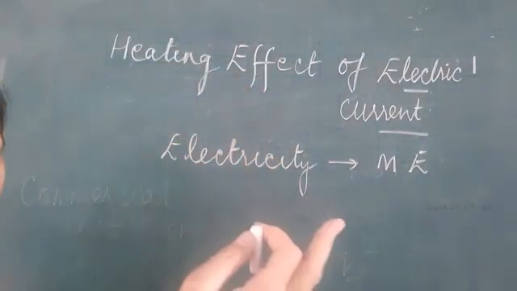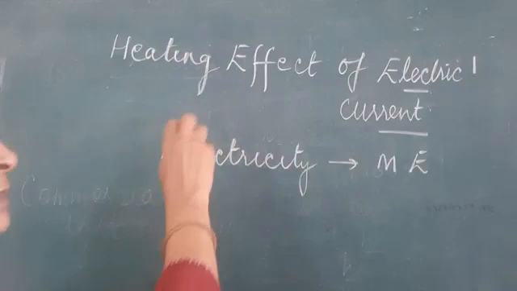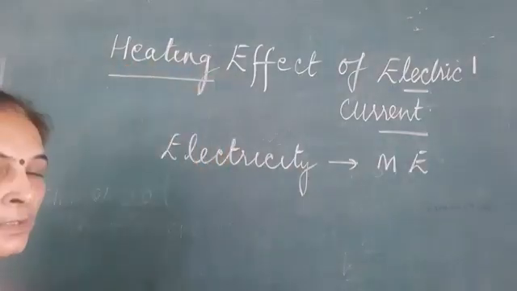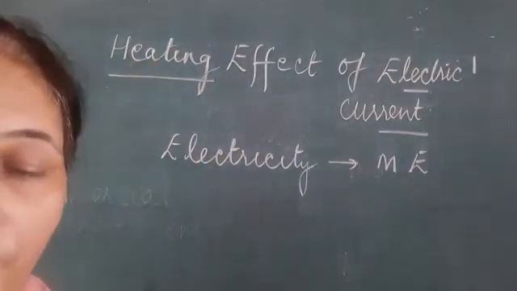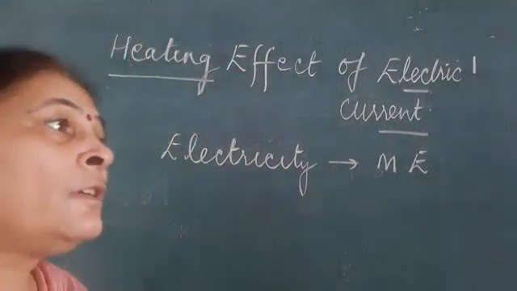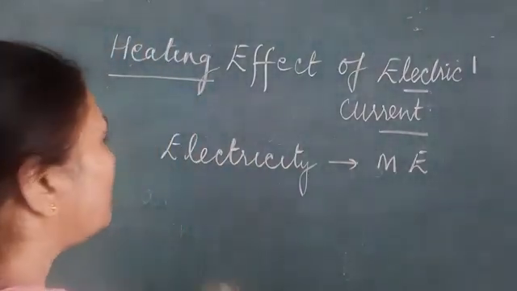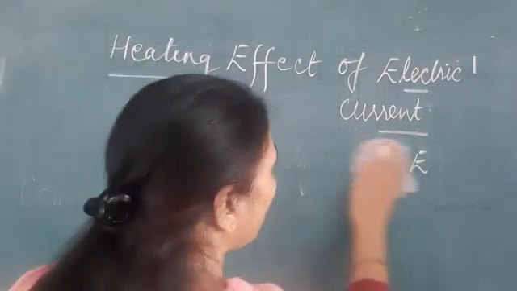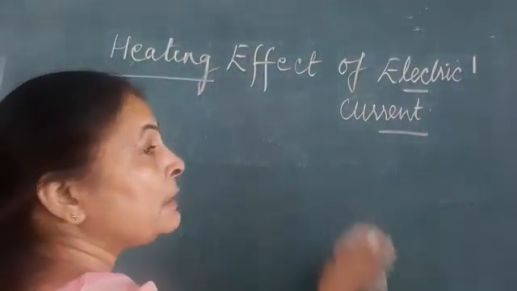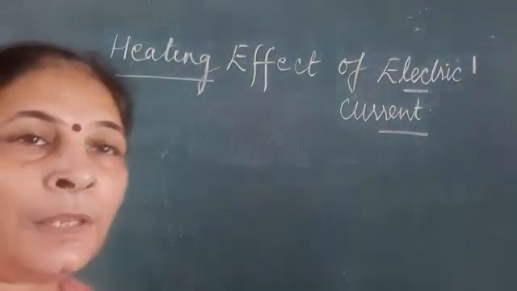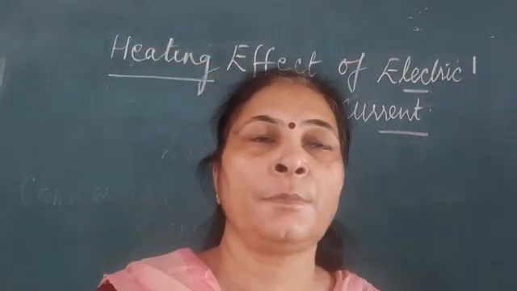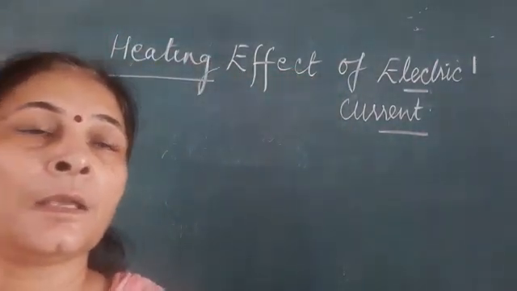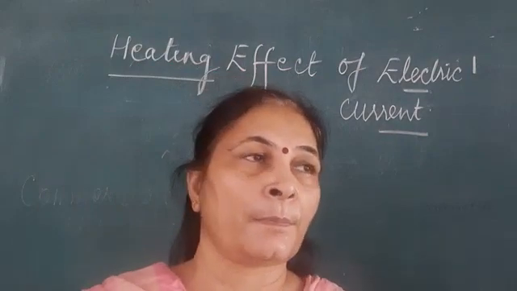There are other effects also. One of the effects is heating effects, which you see in your everyday life also. See, whenever a given appliance runs for a longer time, it gets heated up. Maybe the amount of heat produced be small or large, but it certainly heats up.